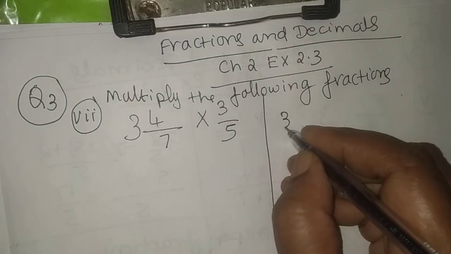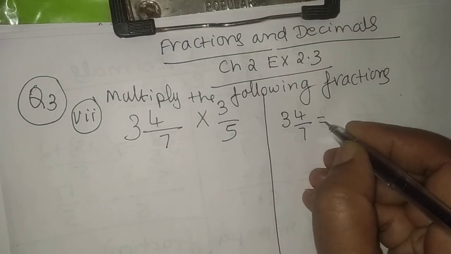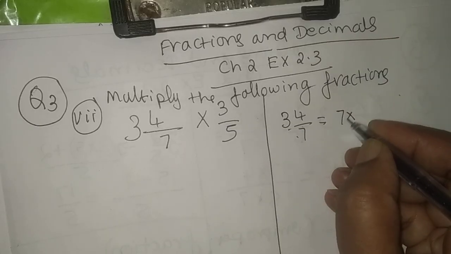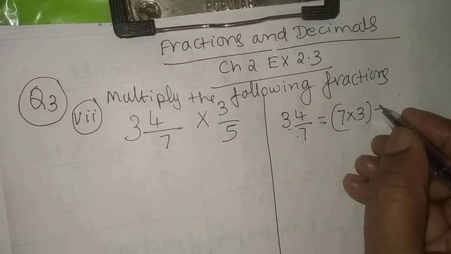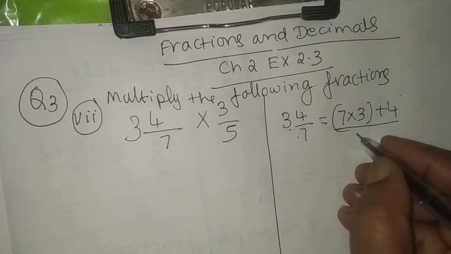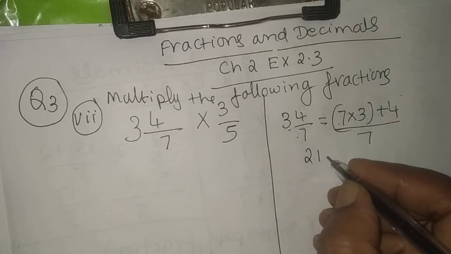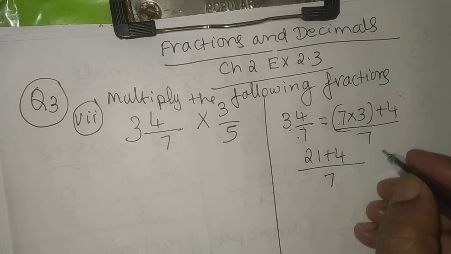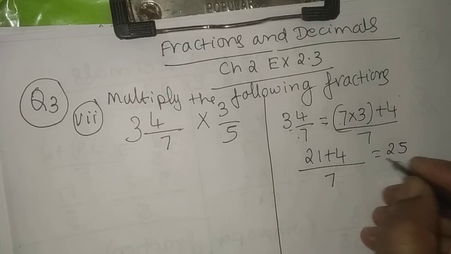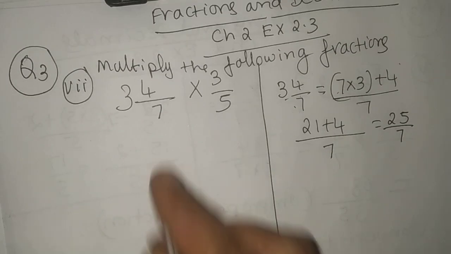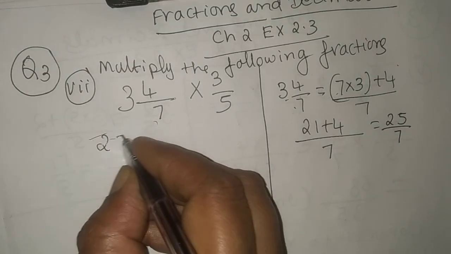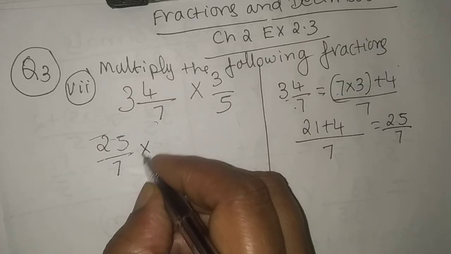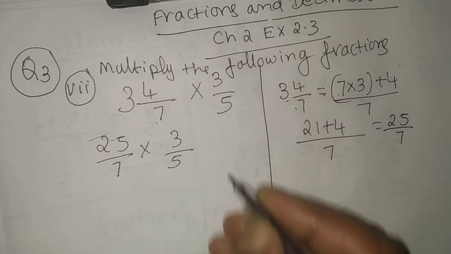So take 4 by 7, which is equal to (7 into 3 plus 4) by 7. 7 threes are 21, plus 4, by 7 is equal to 25 by 7. Now substitute here: 25 by 7 into 3 by 5.